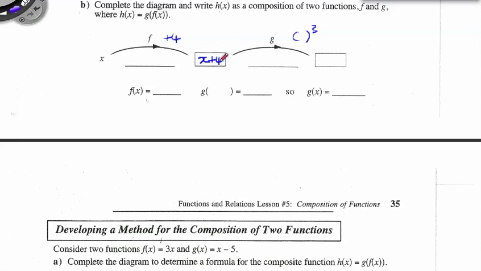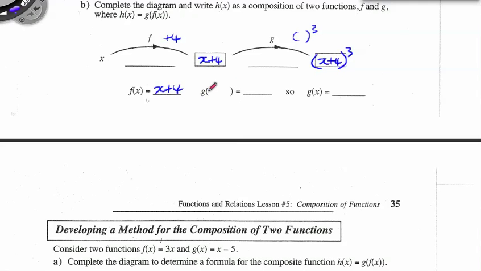That'll be our output for f. Using this as our input for g, the whole thing gets cubed. So we'll get x plus 4 in brackets all cubed. All f does is add 4, all g does is cube. So f of x will equal x plus 4.